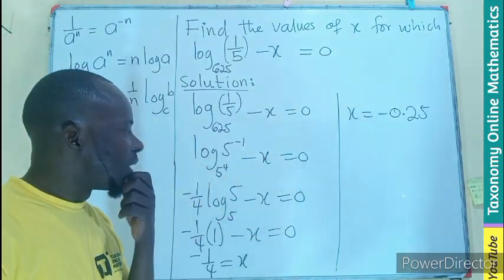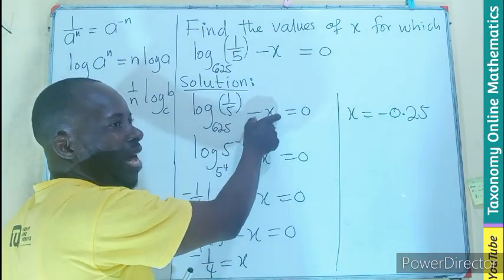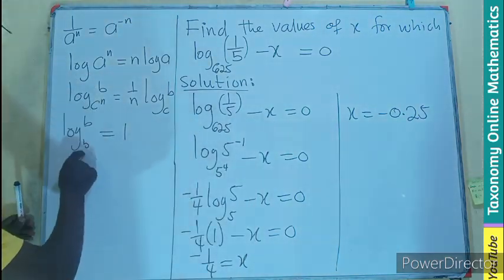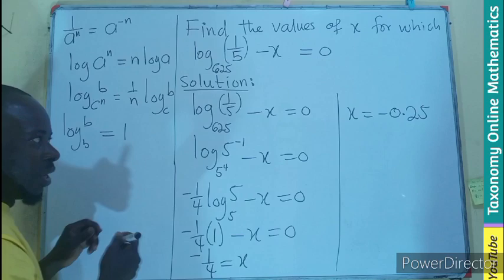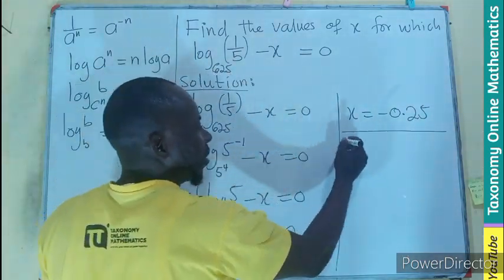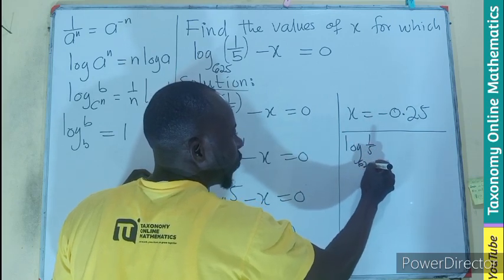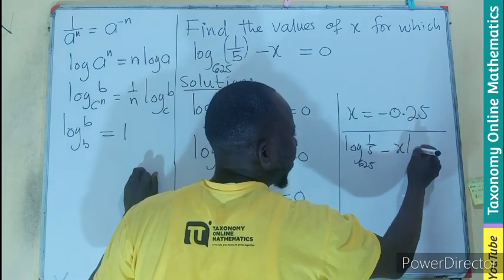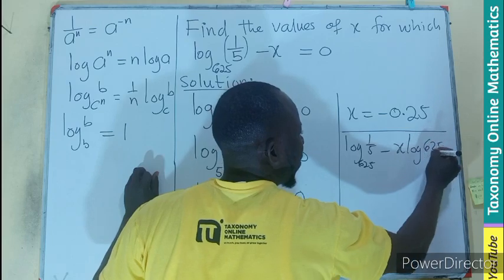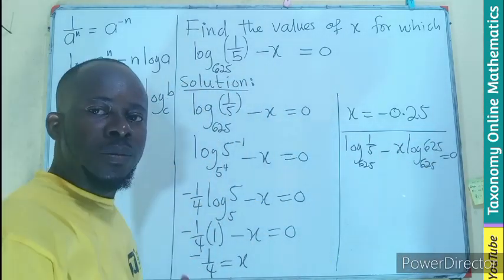This is one way. The other way is to express this also as a logarithm of the same base. Meaning, in this case, I'll be having the log of 1 over 5, 625 minus x log 625 base 625 equal to 0.